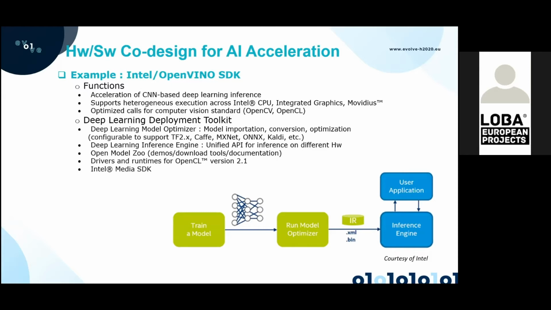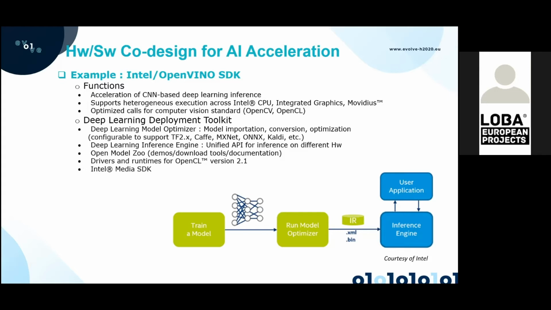I'm talking about the Intel OpenVINO SDK, which is a layer of software which allows supporting a large range of accelerators from Intel, from CPUs to VPUs, etc., and GPUs also, but GPUs from Intel, not general purpose NVIDIA GPUs, and also provides some optimized code for computer vision standards like OpenCV and OpenCL.